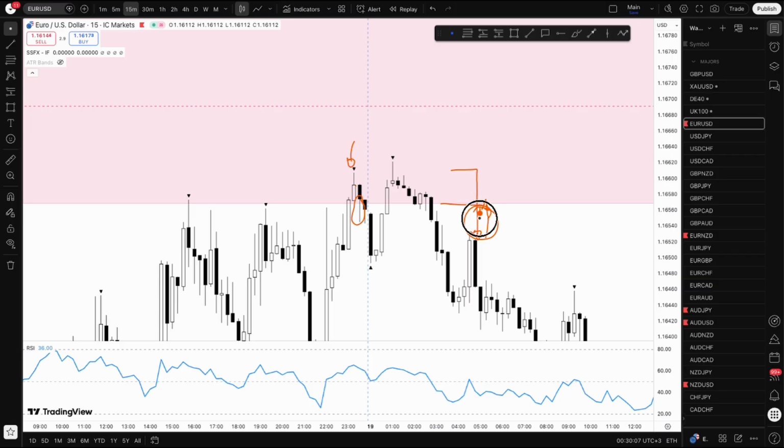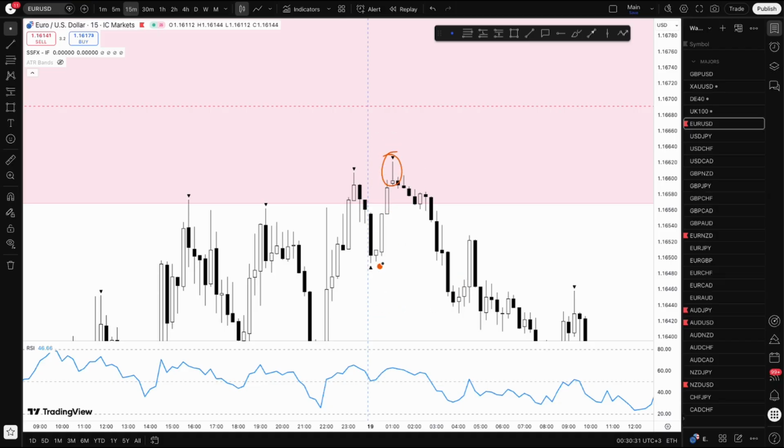This push down and then higher is what formed the wick. So essentially the buyers came in and overpowered the sellers to some extent. The sellers still were able to make sure that the buyers could not reclaim the highs. So I wouldn't have taken that, but this one is more compelling.